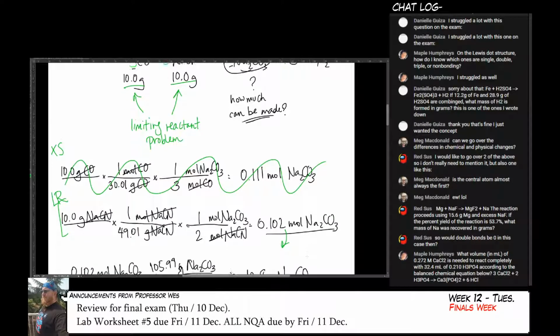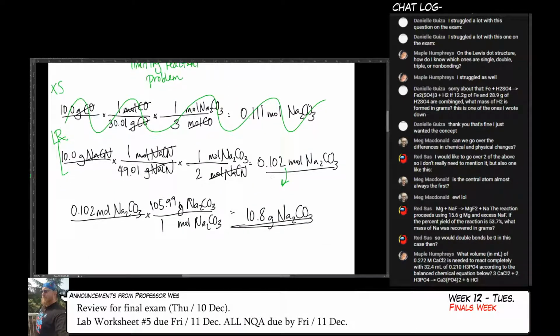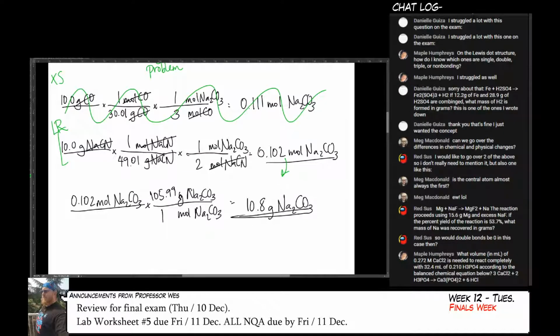It's the limiting reactant. The excess reactant appears to produce more because these calculations all assume that the other component doesn't exist. It doesn't matter. We're just doing the theoretical calculation, remember. Once you know which one's the limiting reactant, you can then turn it into a mass, which we did here. So that's how you do a limiting reactant problem.